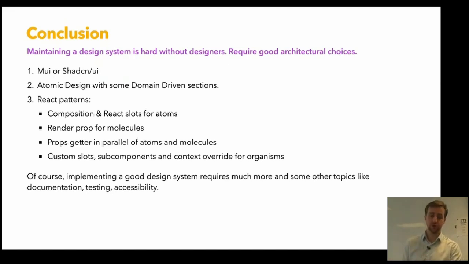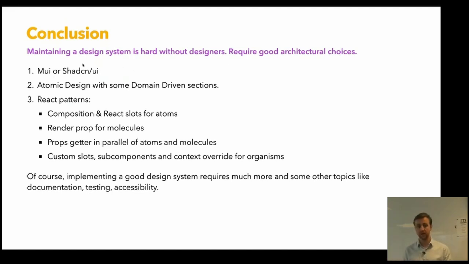And of course, the important part is React patterns. So you have mostly composition and React slot for atoms, render props that are very useful for molecules, prop getters in parallel for atoms and molecules, and the patterns of custom slots, subcomponents, and context override for organisms. The naming of all these patterns is not always clear. To be honest, I tried to use names that I found in some courses online.